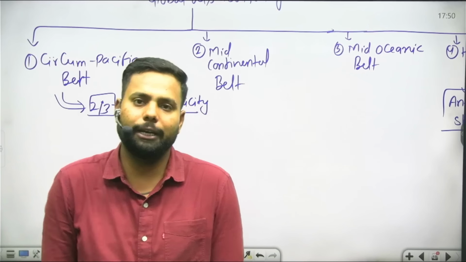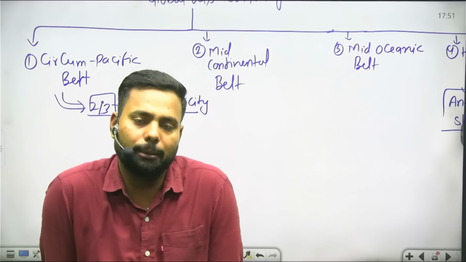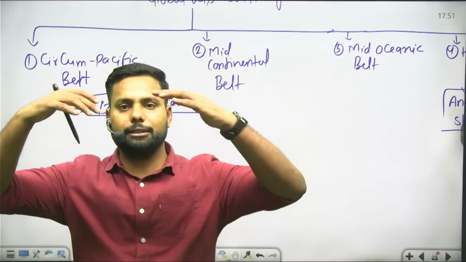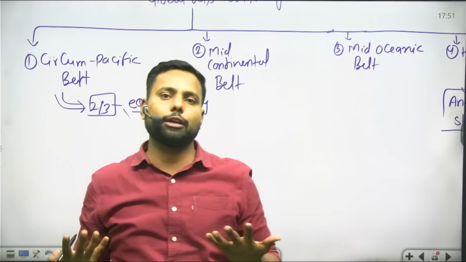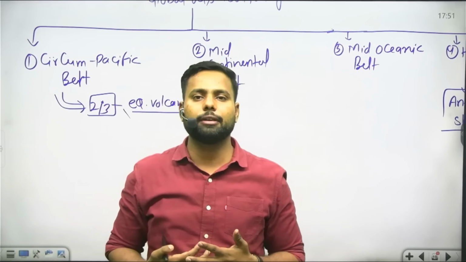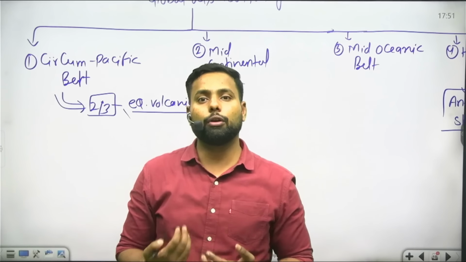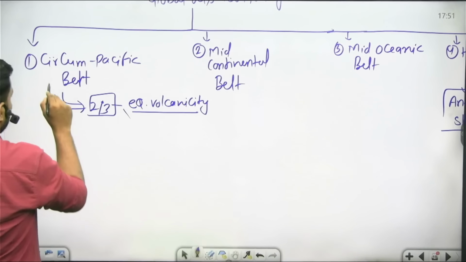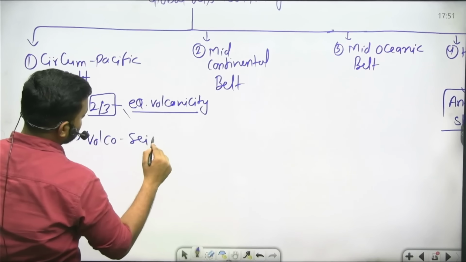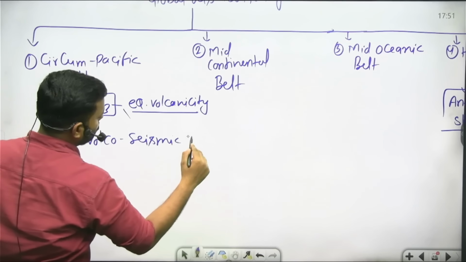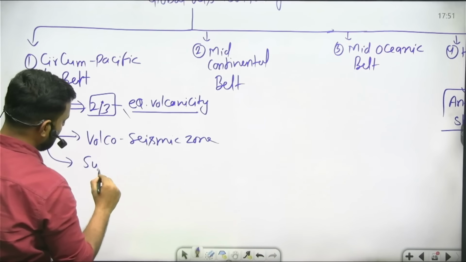Because the entire circum-Pacific belt is creating the subductional zone where the plates are converging, where the plates are colliding, and when the plates are colliding there is a huge possibility of seismicity and volcanicity, and that is why this zone is known as volcanismic zone. Circum-Pacific belt is known as volcanismic zone. Why? Because it forms the subductional zone.